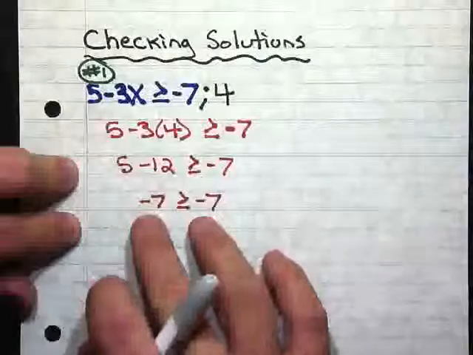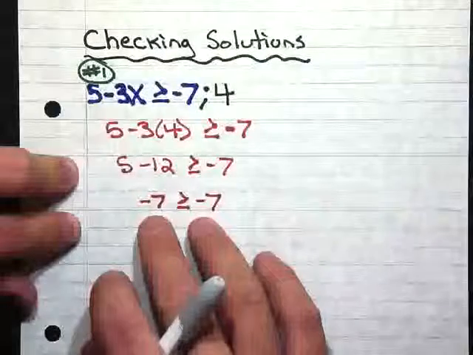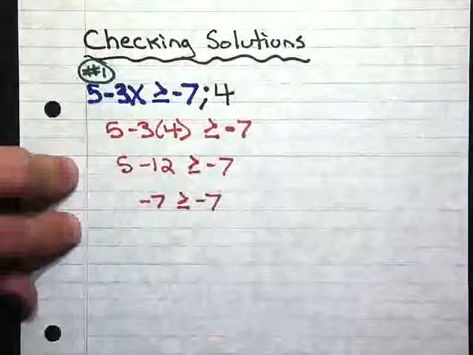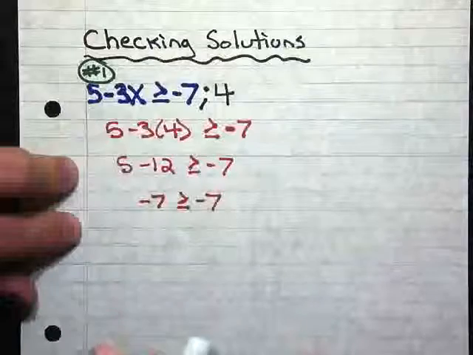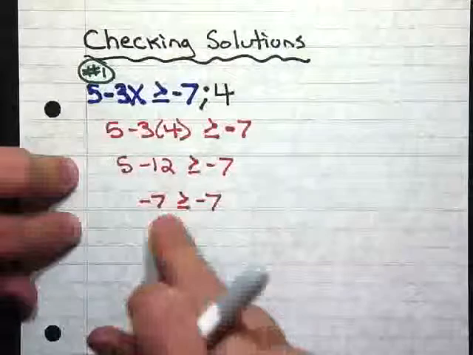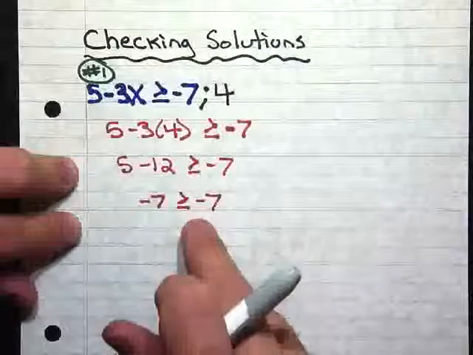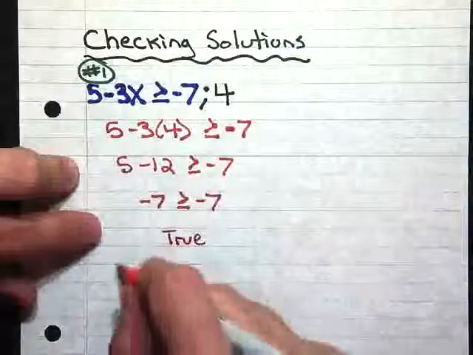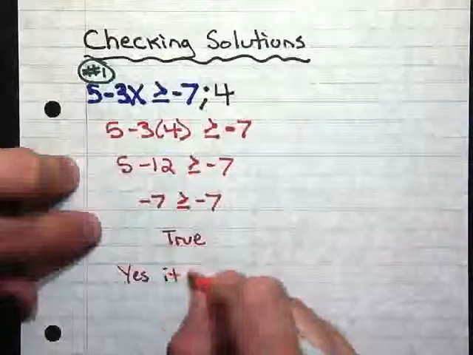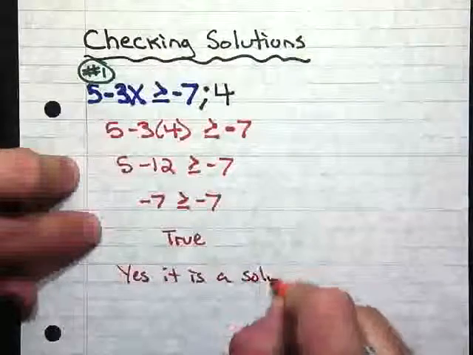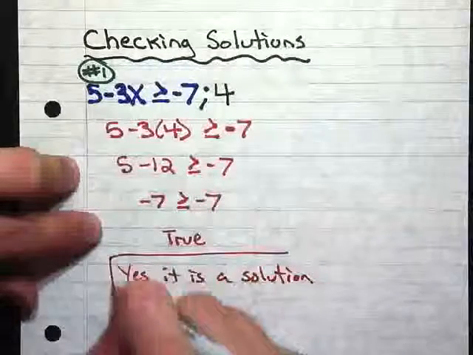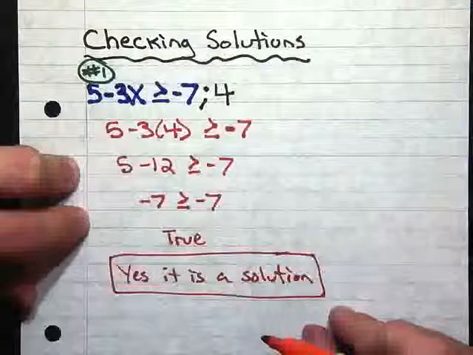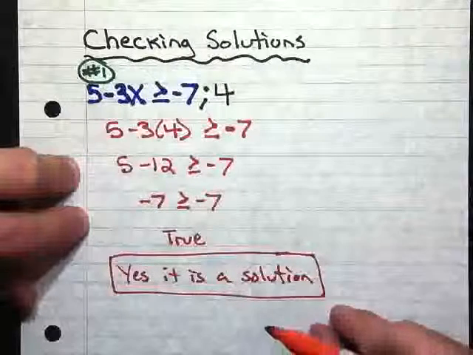Now I'm looking at this statement, negative 7 is greater than or equal to negative 7, and we want to see if this statement is true. So is negative 7 greater than or equal to negative 7? Well, yes it is. So it's true. So we would say yes, it is a solution, and we would have our answer. If x is 4, yes, it is a solution to this inequality.